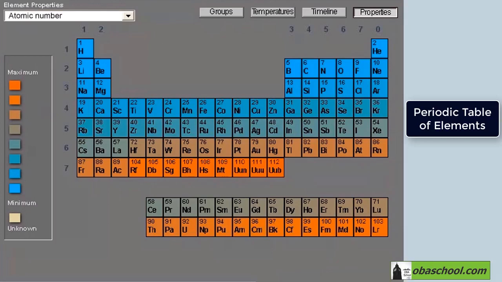For example, if we want to identify the elements in period number 1, which elements are those? Hydrogen, H, and helium, He, belong to period 1 in the periodic table.